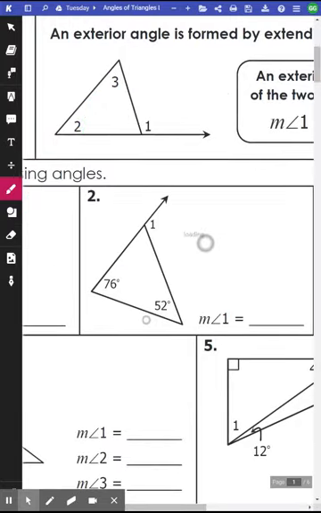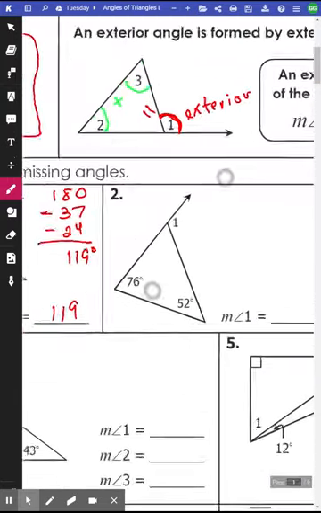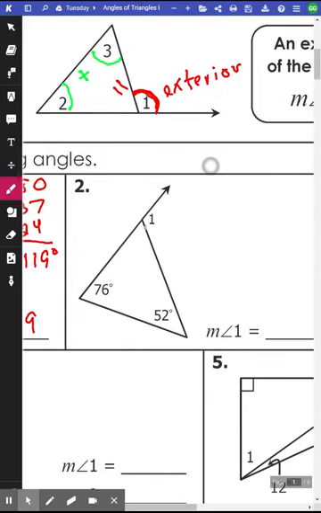Angle 2. This is the exterior angle theorem that we're going to use. That means that this angle right here is equal to these two added together. Angle 1 is equal to 76 plus 52 degrees.